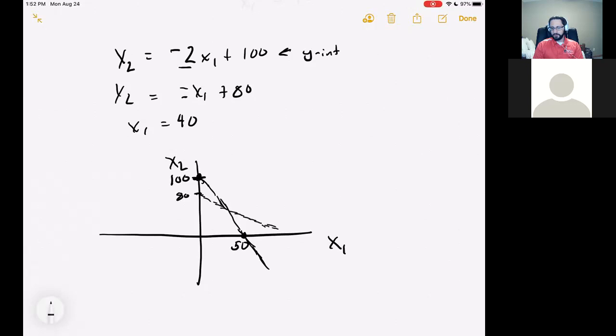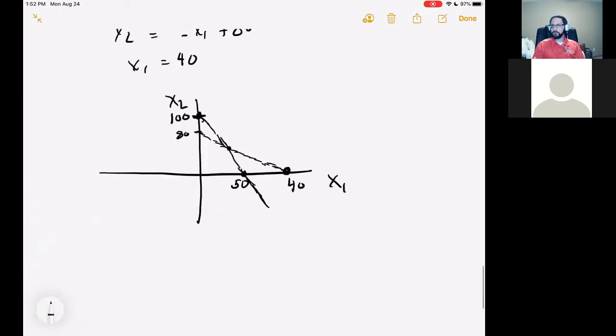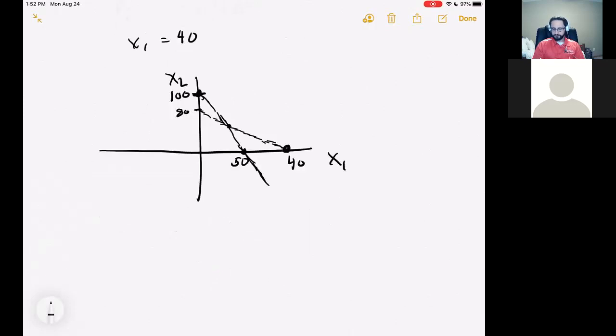So I'm going to end up with a piece that looks like this at 40. Now, what I see is an intersection point between these 2 lines. I am going to find this intersection point by solving a system of equations.